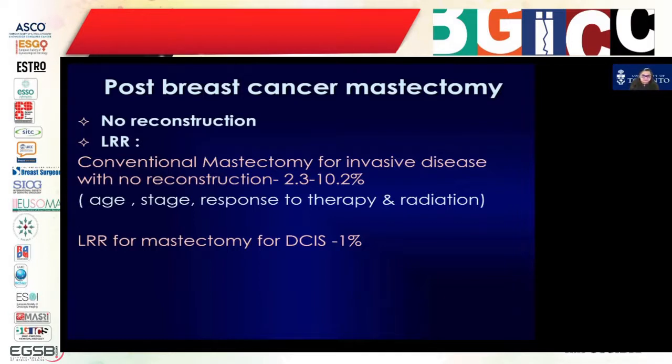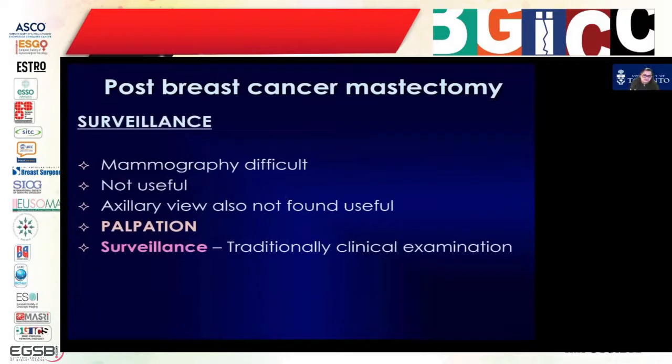There is some risk involved. When the patient has a mastectomy, there may be some incidence of recurrence on the chest wall. But for these women, as there is no breast tissue left, obviously we cannot perform a mammography. It will be completely useless. Even assessment of the axilla with the mammogram has not been found to be useful.